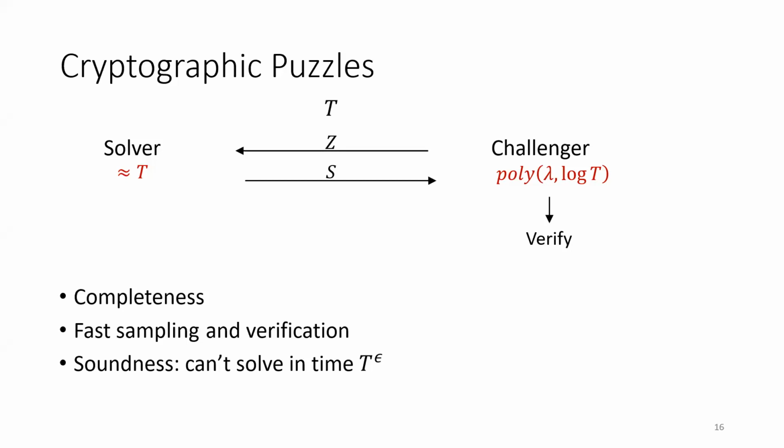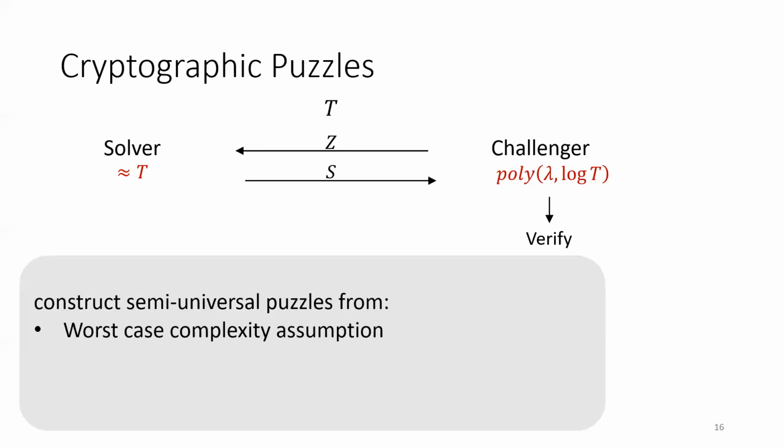Now, actually, the puzzles that we use only have semi-universal soundness. So semi-universal soundness is very similar to the soundness that we have in the semi-universal argument. Okay, so soundness only holds if t is bounded by a polynomial. Okay, so these are the puzzles that we use, and we can actually construct this puzzle from the worst case complexity assumption.